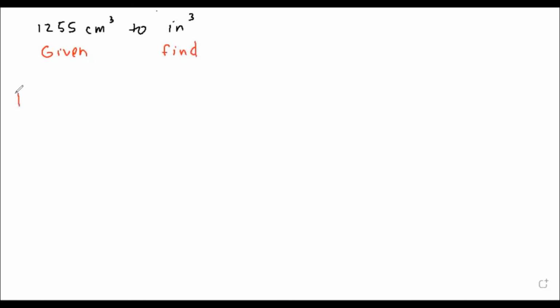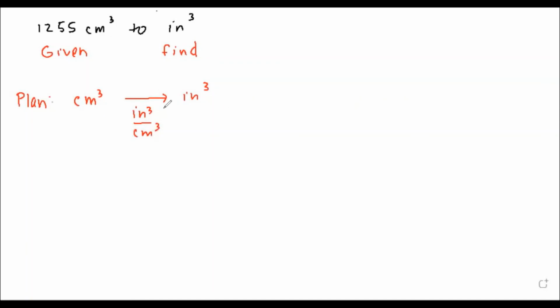We're going to make a plan. So we want to go from centimeters cubed to inches cubed, which means we're going to need a conversion factor that has inches cubed on top and centimeters cubed on the bottom.